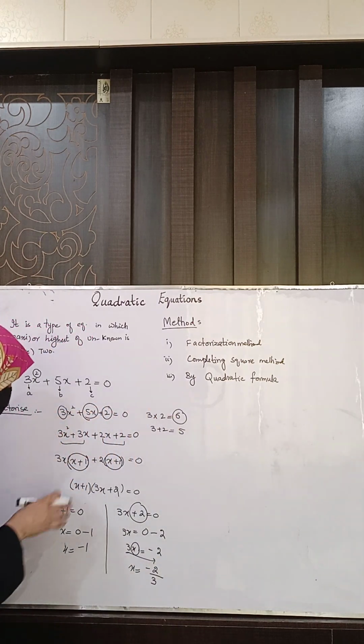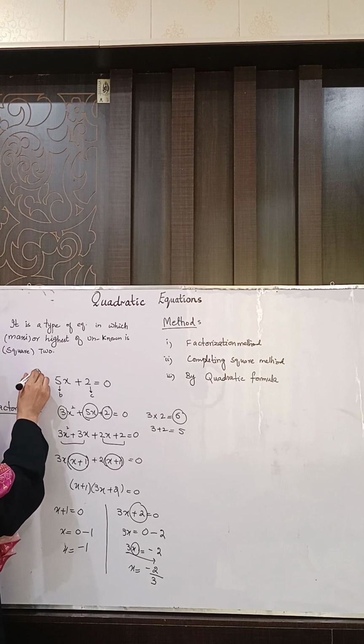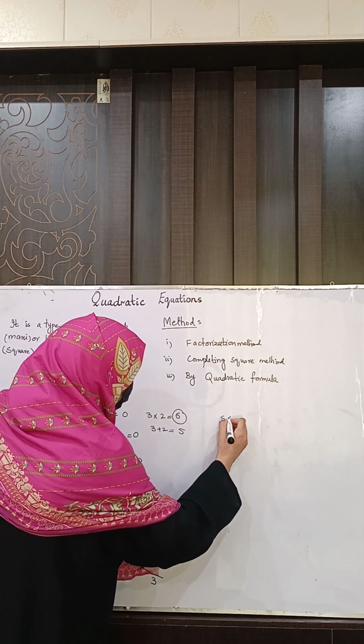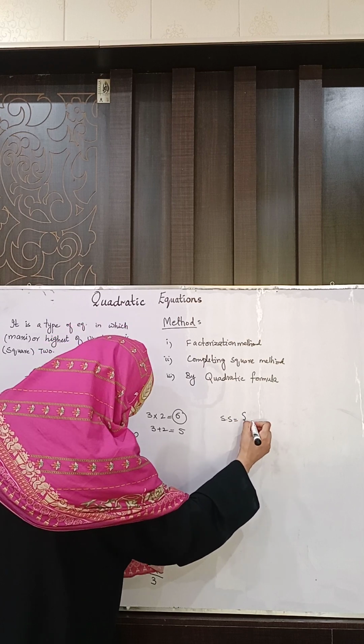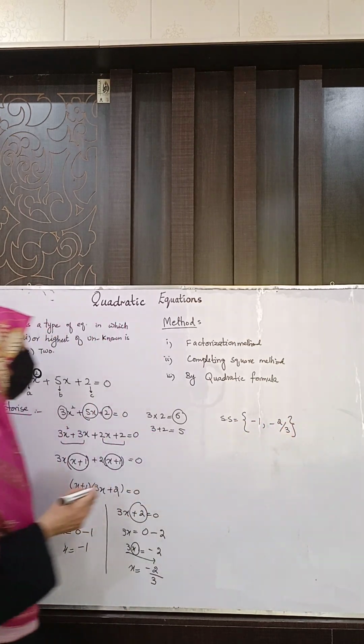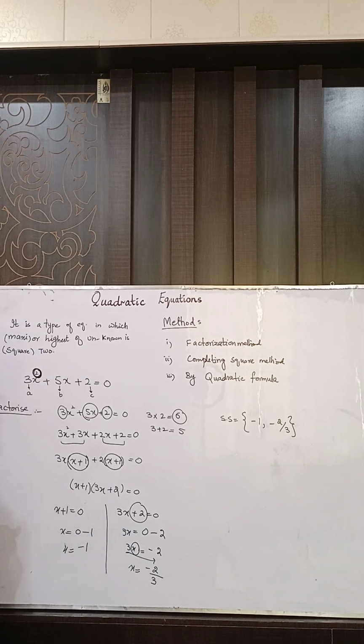As in a quadratic equation the highest power of the unknown is 2, that means in the answer we should have 2 values, which are called roots. Now our solution set is minus 1 and minus 2 by 3. This is the solution of our numerical example. The method we used here is the factorization method, and after that we will move toward the completing square method.